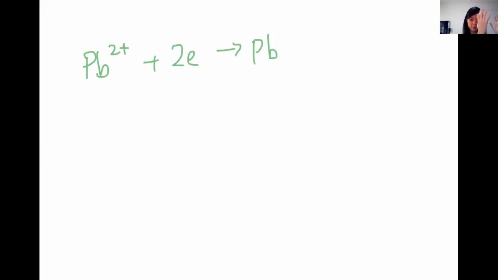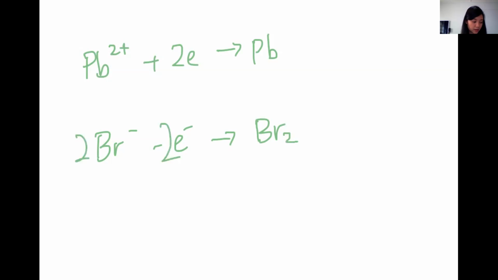So you'll see a metal forming over there. But at the anode side, the Br- is actually losing electrons because it goes through oxidation. It's going towards the anode to give you back your Br atom, but Br alone must be in 2s. So you put a 2 here, then you need 2 of these bromide ions minus 2 electrons to give you back the Br2.